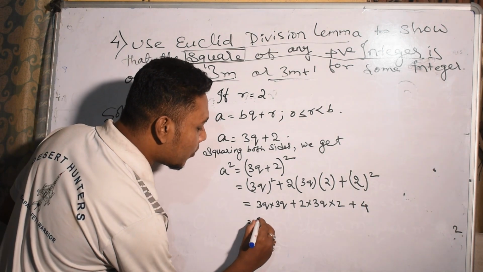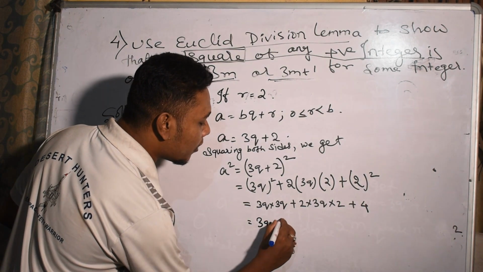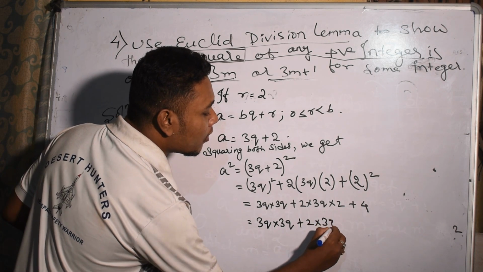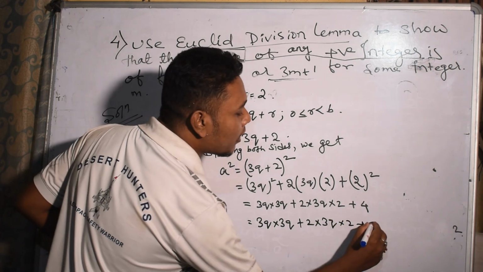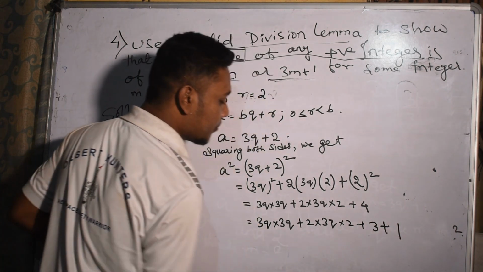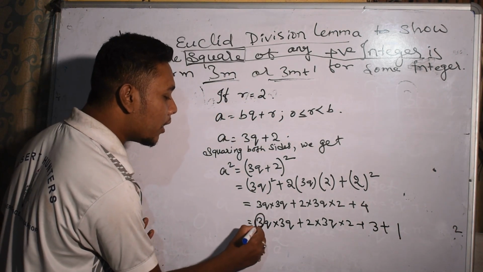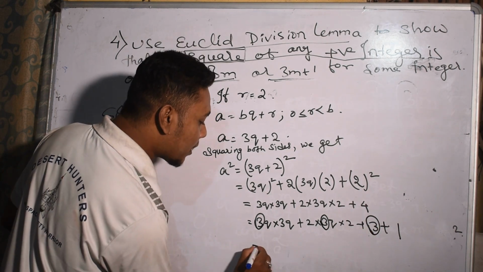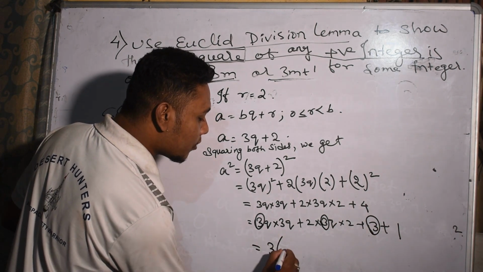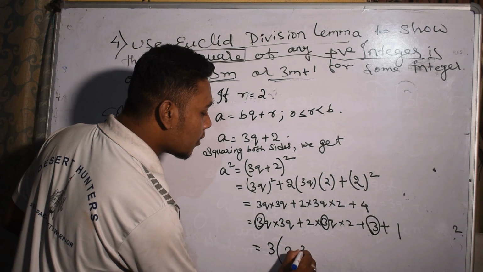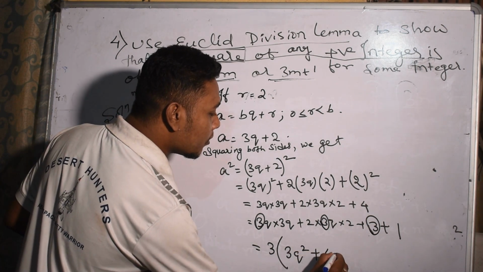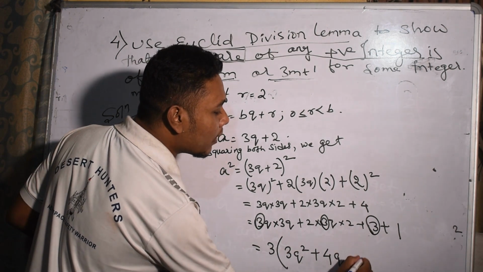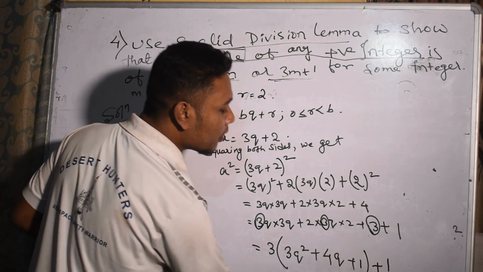So it will become 3Q into 3Q plus 2 into 3Q into 2 plus 3 plus 1. So we can take common 3 from all the 3 numbers. So it becomes 3Q square plus 4Q plus, 3 divided by 3 becomes 1, plus 1.